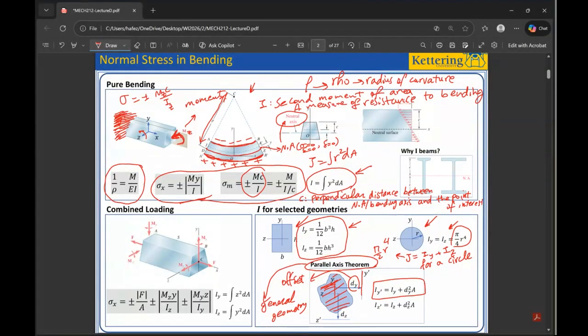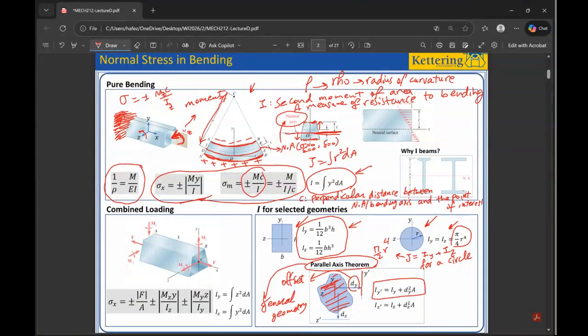What does that mean? If I want to calculate the normal stress on this face, if the neutral axis is this, the C would be this value, the perpendicular distance between the two. If I want to know what is the stress on the bottom face, simply this is the C value.